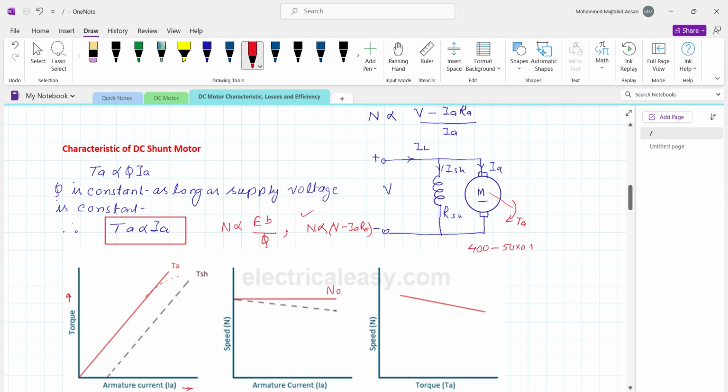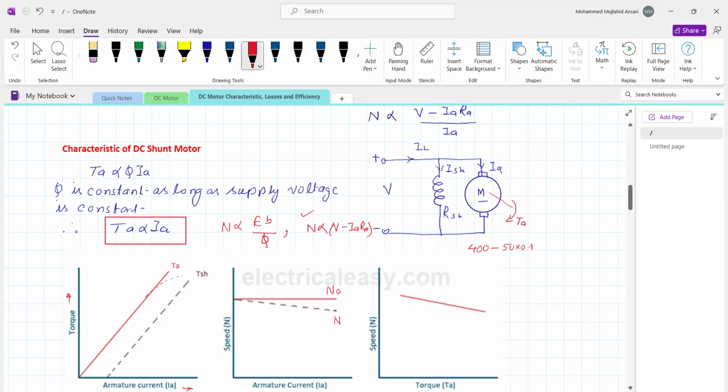But as soon as the motor is loaded, voltage drops across the armature resistance and the brushes, so the back EMF V minus IaRa also decreases and the speed of the motor decreases, but that decrease is very small, say from 1500 rpm at no load to 1460 or 1470 rpm.